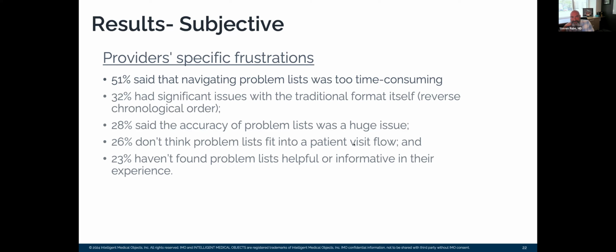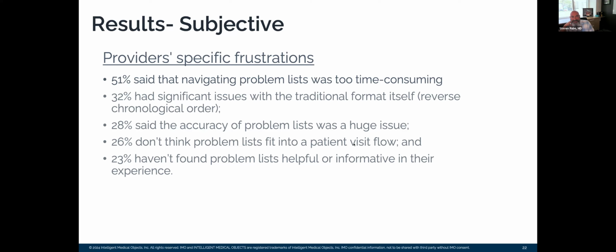It's often very difficult for them to say when their diabetes was first diagnosed or their hypertension. A lot of EHR platforms, rightly so, with no other alternative, defaulted to the date it was entered in the problem list. And I can't tell you how often that is not a correct date for when the illness started.